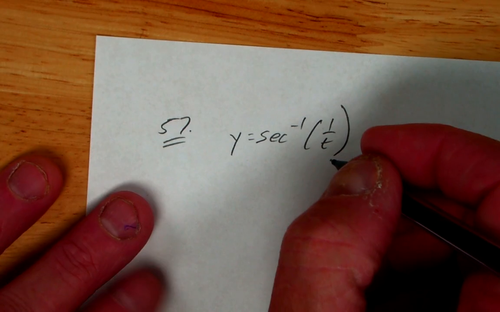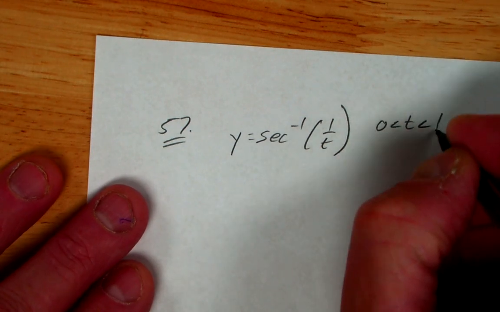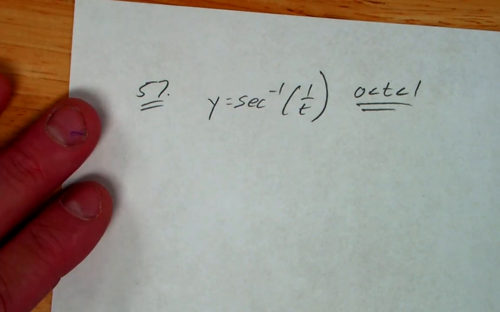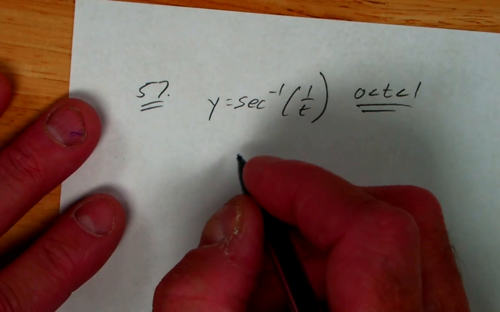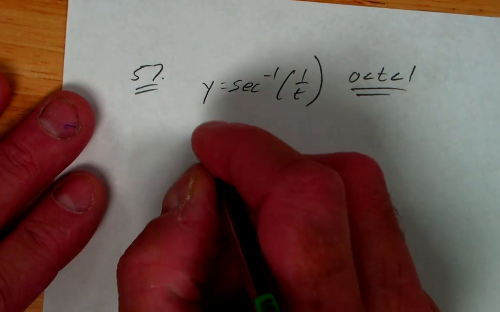Okay, and they are saying something about 0 is less than t is less than 1, which I don't know if that'll come into play, but I'm going to write it down anyway before I flip it to the back here. And secant, let's go ahead and just write the formula and plug it in at the same time.